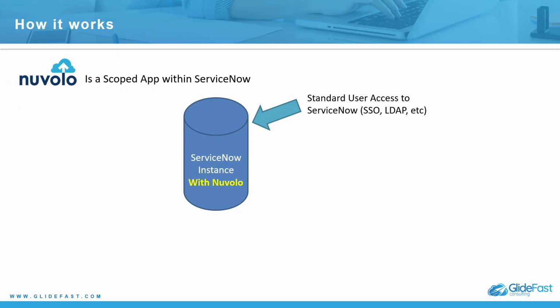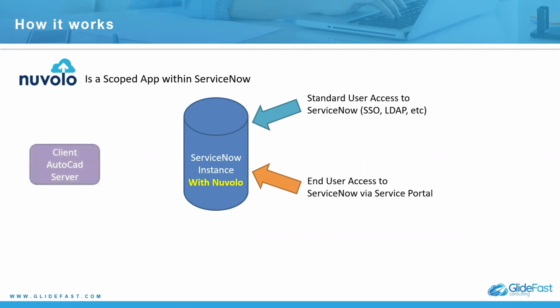And it becomes another scoped application within ServiceNow, just like HR, just like security ops, all of those. And then you still have your end user access to ServiceNow via the portal. Nuvolo does come with Service Portal, and you can integrate it with the regular service portals as well.